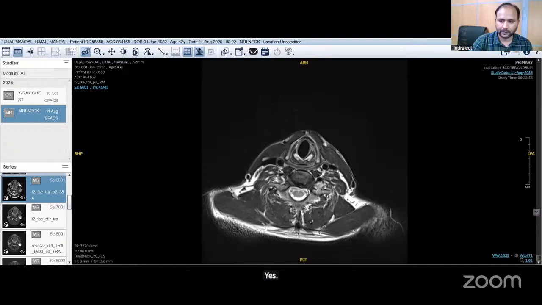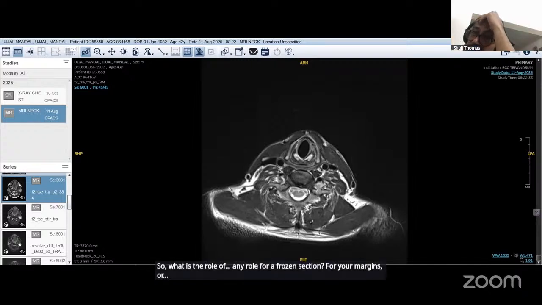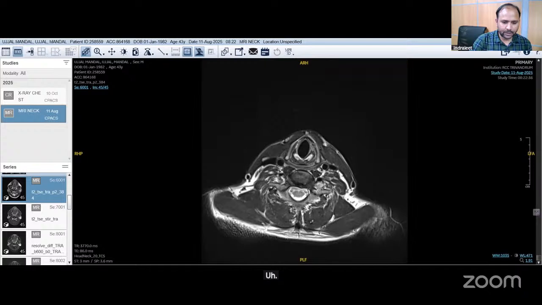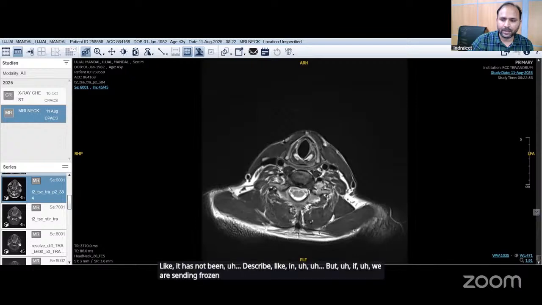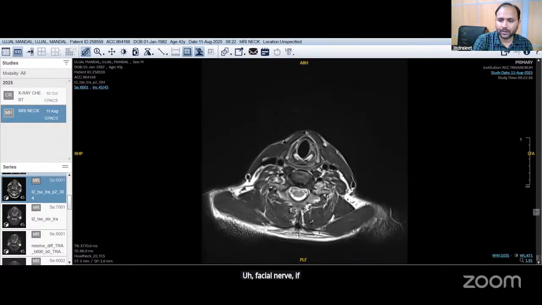Yes. So is there any role for a frozen section for your margins? Sir, for margins, frozen section has not been described. But we send a frozen section intra-op if there is suspicious involvement of the facial nerve. In this case it will not be required.